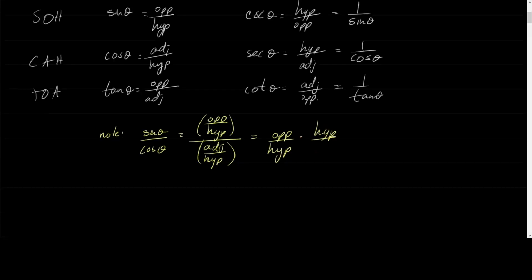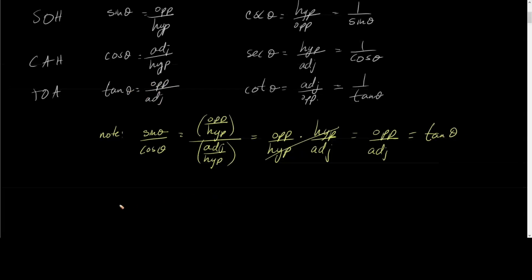So I have hypotenuse over adjacent. And in here, the hypotenuse cancels out, which we end up with opposite over adjacent, which if you'll notice here, that's just tan theta. So in here, what we found is that tan theta is equal to sine theta over cosine theta.